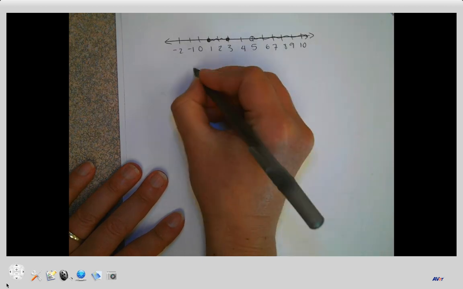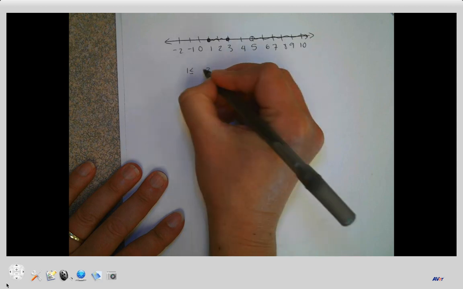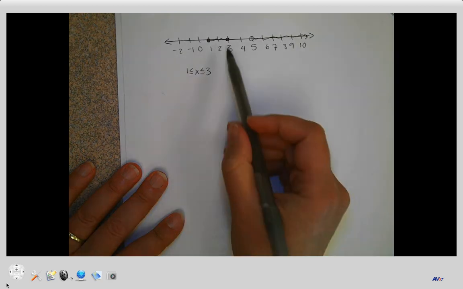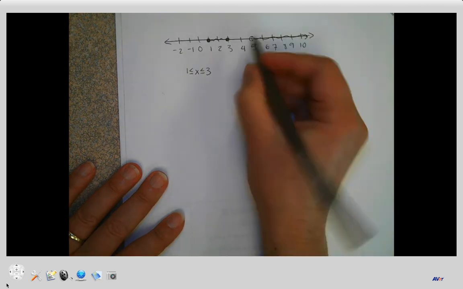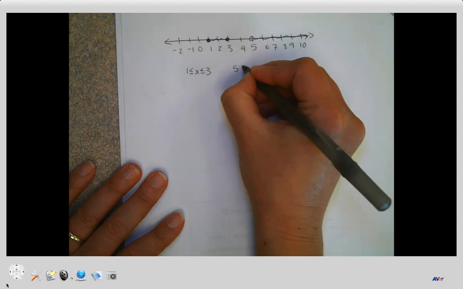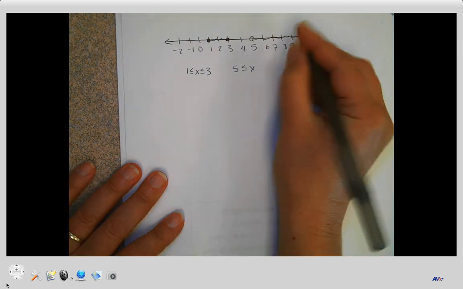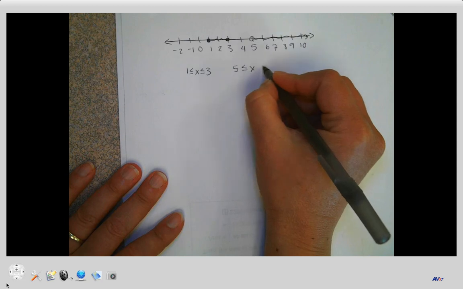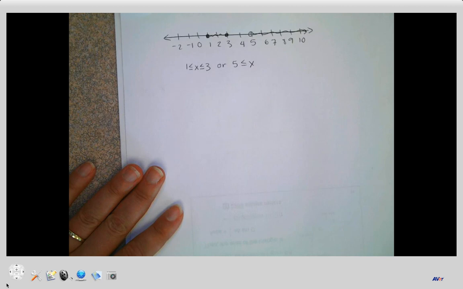So on my left, I'm going to put 1 and on my right, I'm going to put 3 and I'm going to use greater than or equal to because the circles are filled in. And then let's see, this section is everything greater than 5. So I'm going to say x greater than 5. If I'm used to doing inequalities, I don't have to say less than infinity because that's kind of implied. And I'd write or.